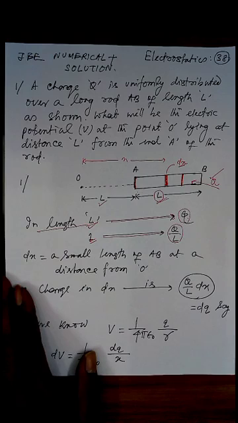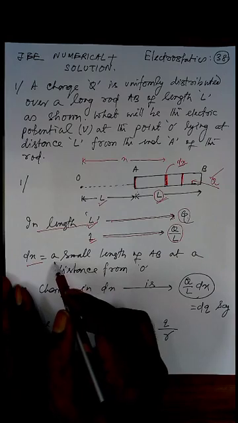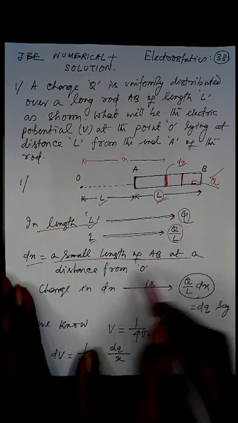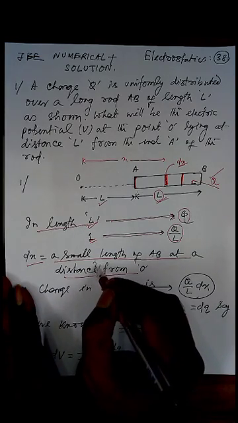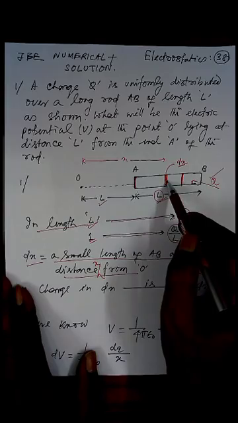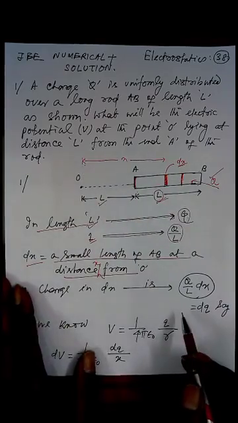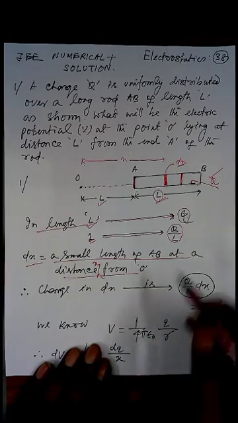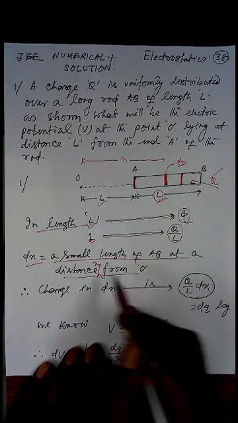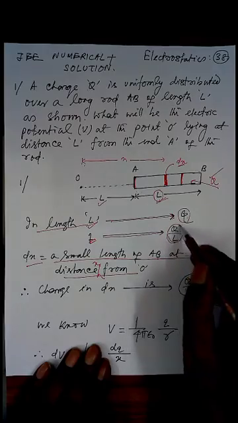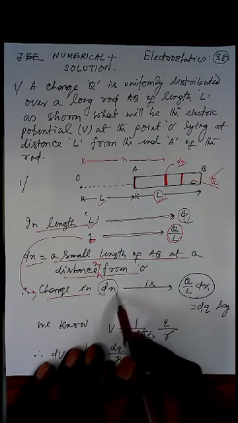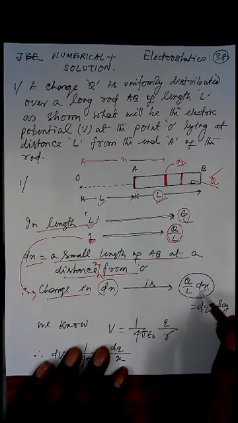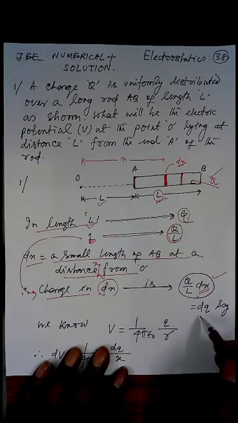If dx is very small, then its charge will act as a point charge. dx is a small length of the rod AB at a distance x from O. Now, how much charge will this small length dx have? In unit length, the charge is Q by L. Therefore, the charge in length dx will be Q by L into dx. Let it be symbolically represented as dq.